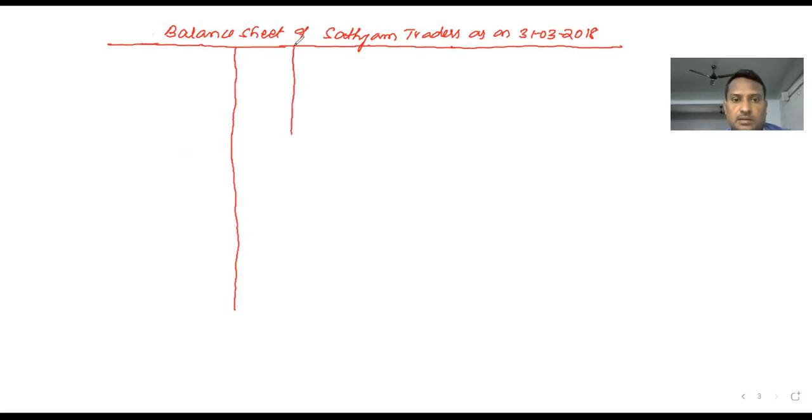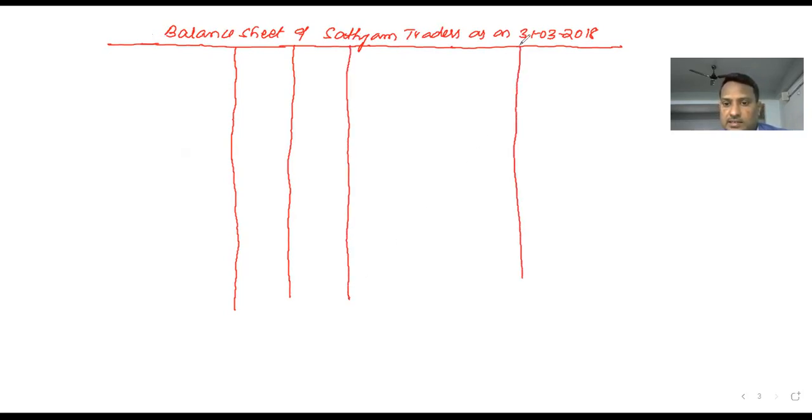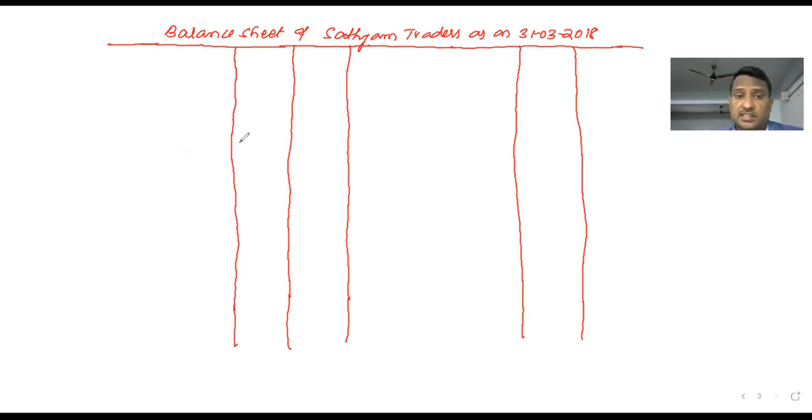Liabilities, rupees, total rupees. Assets, rupees, total rupees. Right. So the balance sheet is a statement, not an account. That's why it does not carry any debits and credits.